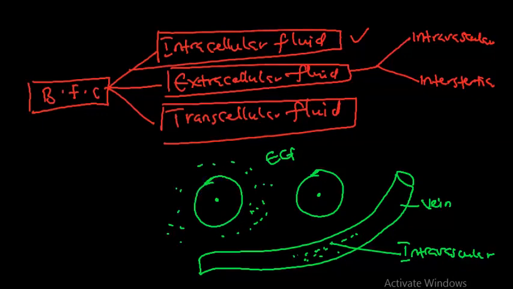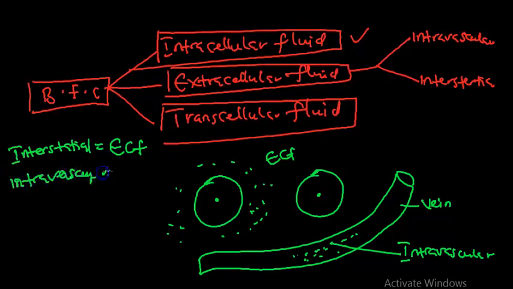Another main component which I need us to understand at this point is the idea of intravascular fluid and interstitial fluid. Feel free to jot down interstitial. This is the same thing as the water which is found at the ECF level. And from the word vascular, which refers to the vessels, the intravascular fluid is simply the fluid found in the blood vessels.